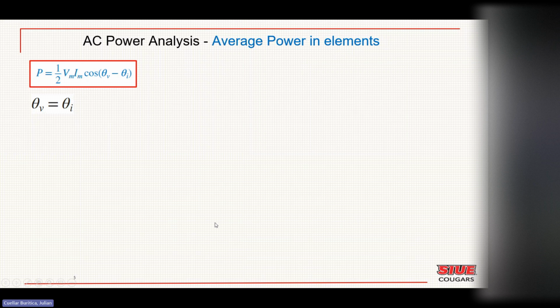The first case that we are going to consider is when the angle of the voltage and the angle of the current are equal. In which kind of electric component does this happen? We have three basic components: capacitors, inductors, and resistors. In which one of them do the current and voltage have the same angle?